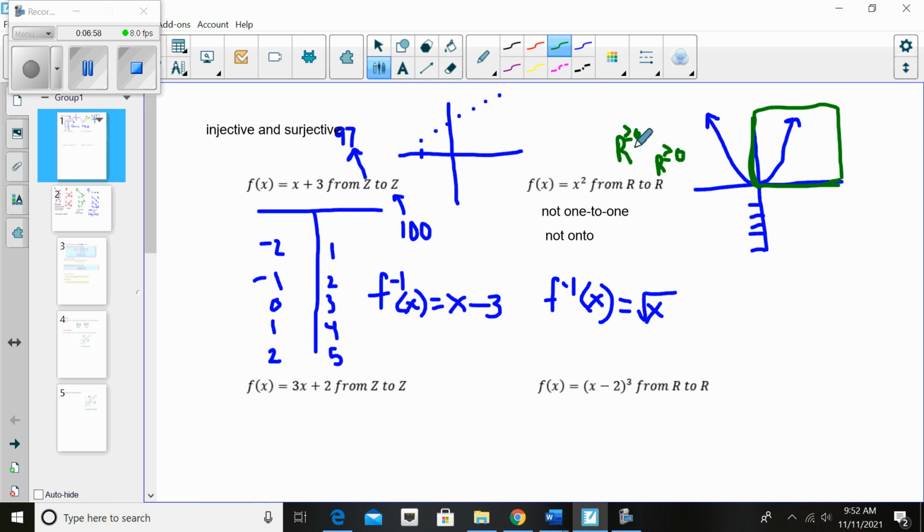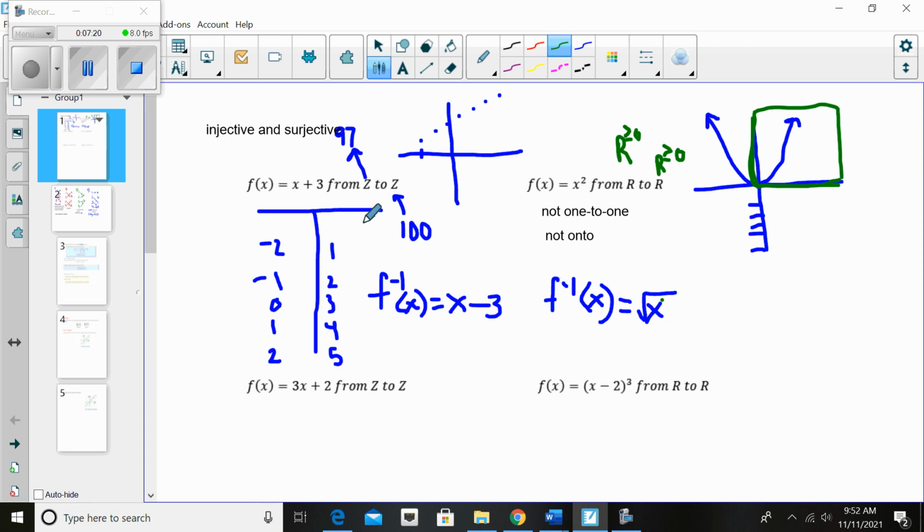Mapping from this set to this set, I do have a function that is both one-to-one and onto. I get a bijection. So this function is defined only when inputs are greater than or equal to 0, and then outputs, therefore, will also be greater than or equal to 0.